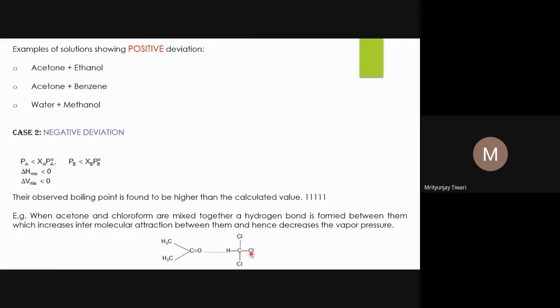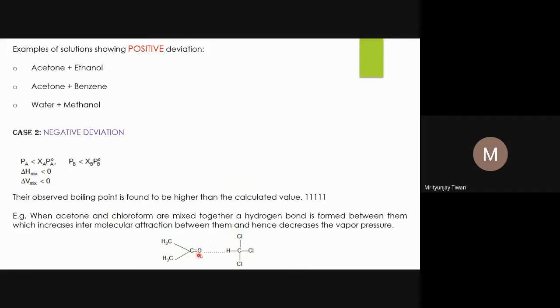And the entire volume of chlorine, it means what? The volume of chlorine is larger, so that negative electron density is very small in comparison to the C=O. First of all, oxygen is smaller in size than chlorine, and second, oxygen's electronegativity is more than chlorine.